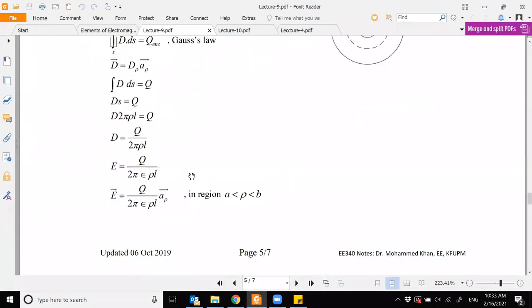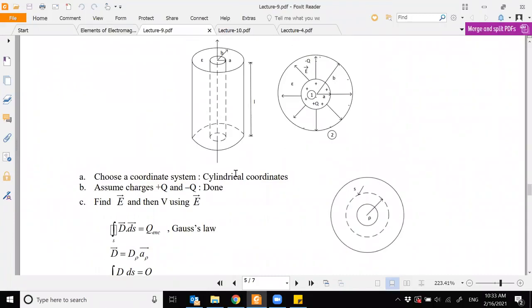Why is dl d rho? Because I'm integrating the electric field that I got from this point. So this is my lower potential, point 2, to higher potential, point 1. So I'm integrating from here to here.